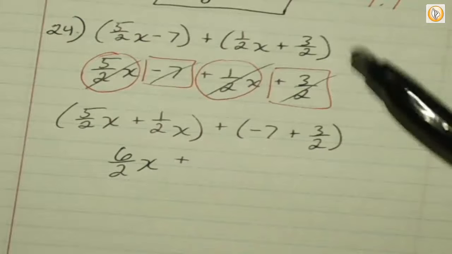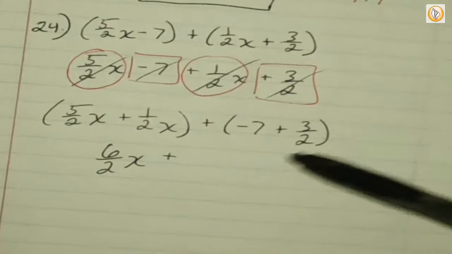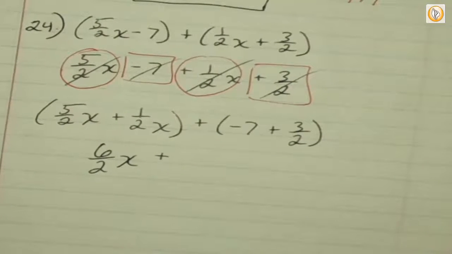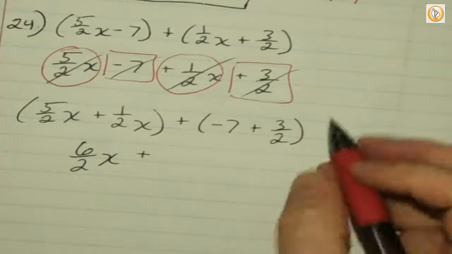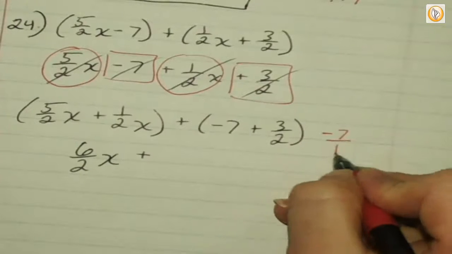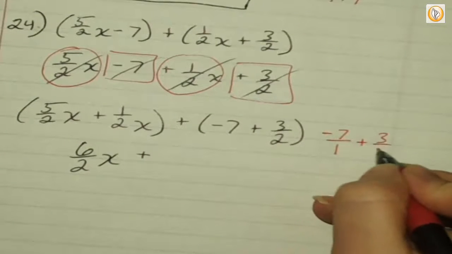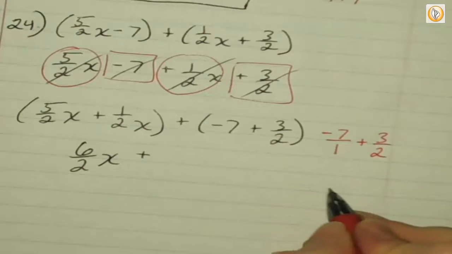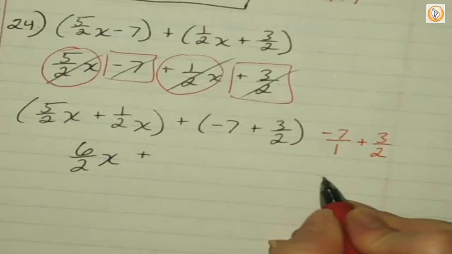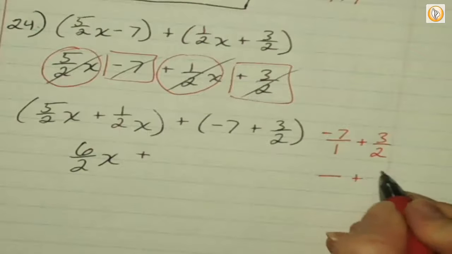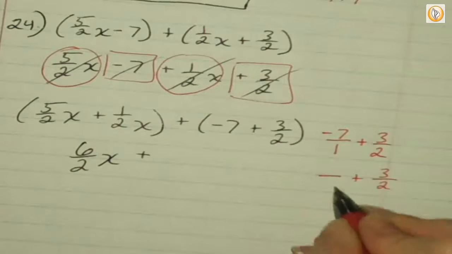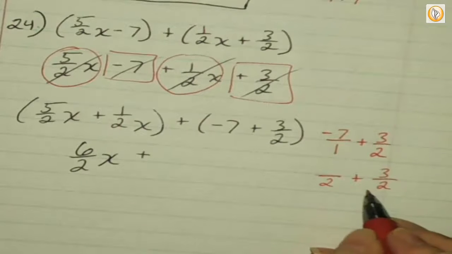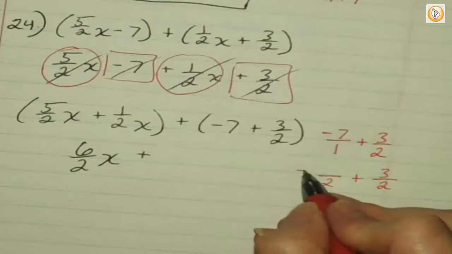Okay, Aiden, what about these two? Would be negative 7 over 1 plus 3 over 2. Very good. And we have to get a common denominator, so what would that be? 1 times 2. So it's going to be 2. So my common denominator is going to be 2.